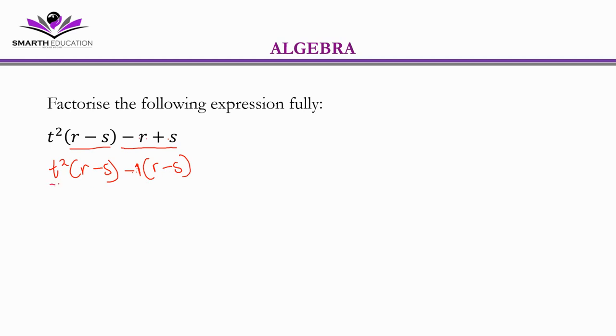We have two terms. This is a term. This is another term. And then these two terms have the highest common factor, which is r minus s.